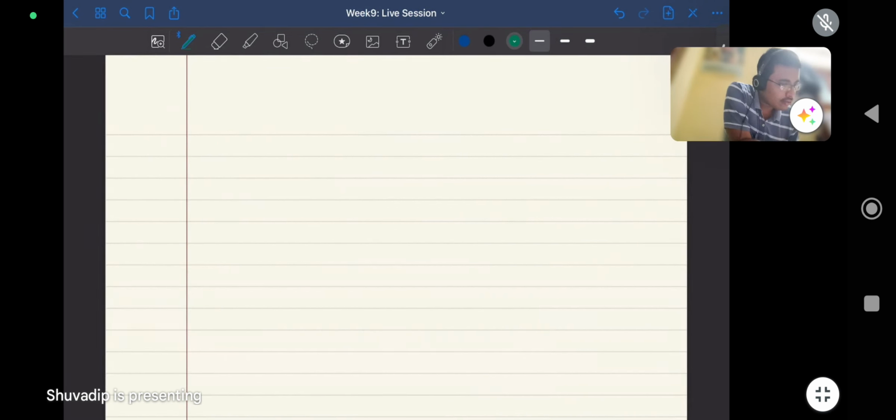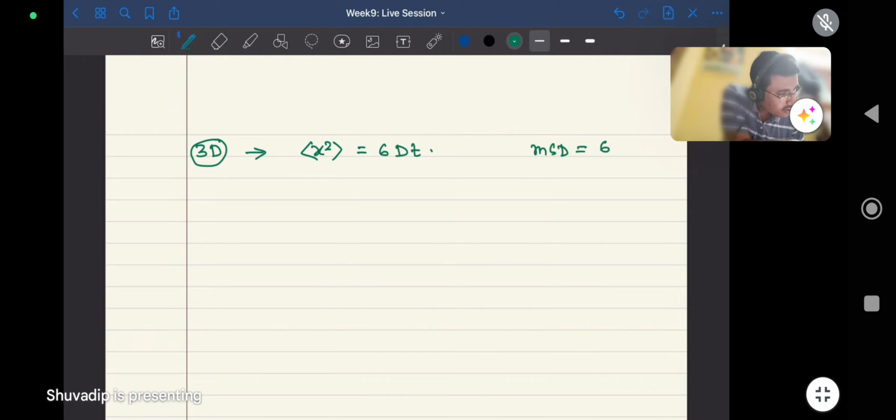Now from the Einstein relation in 3D, we have discussed the relation for the x square average in 3D, which is 6Dt. Now if we compare, here we got MSD equal to 6 kBT by N xi into time.